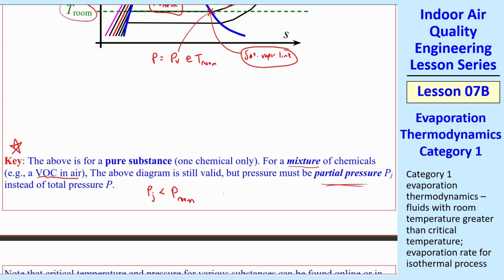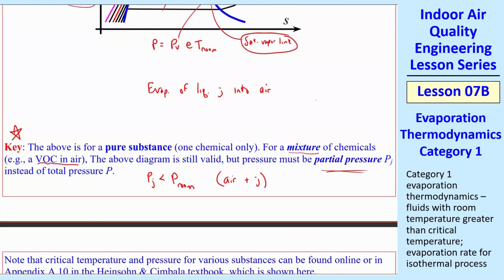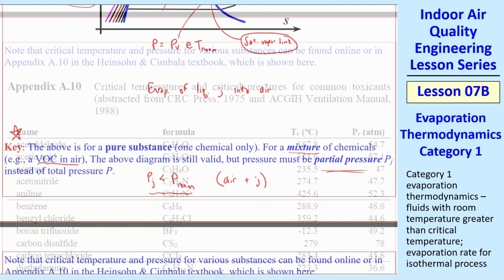So you have some air plus species J, and species J can be either a liquid and a vapor, or all vapor or all liquid. And we're going to look at cases where we're talking about evaporation of liquid species J into air. And so Pj will always be less than P room because you always have some air in there.